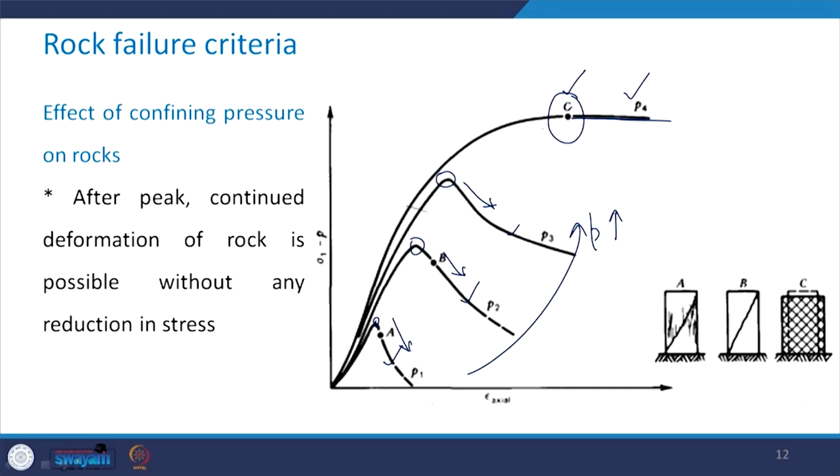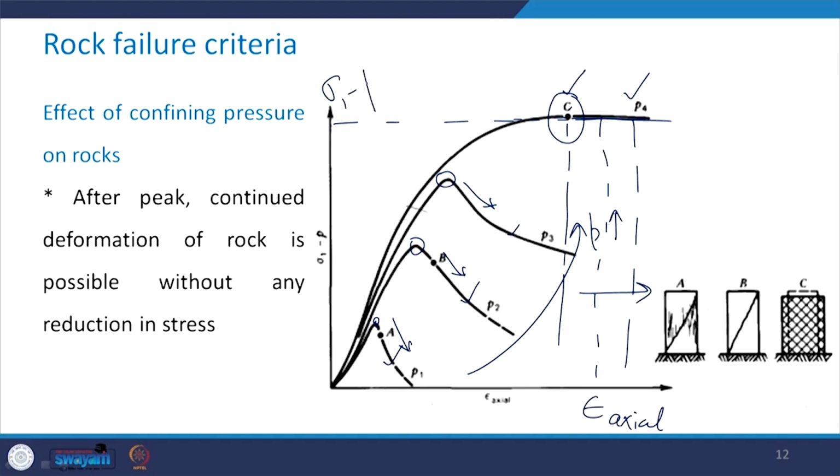So if you just take more or less here, the stress level is more or less constant, and continuously you can see that the strain is increasing. Here it is epsilon axial and this is sigma 1 minus P. So continuously strain is increasing without any reduction in stress.